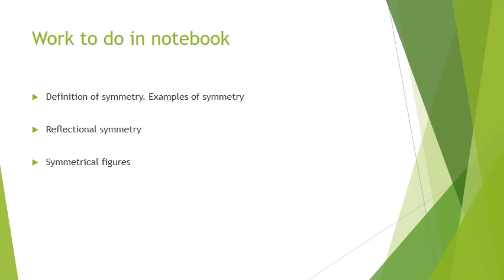You can refer to the textbook figures and the definition given in the video as well as in the textbook. You need to draw the symmetrical figures, that is English alphabets, in your notebook. After that you need to start writing your practice set 20 and 21 in your notebook after the definition, examples and all. So I hope the lesson is clear.